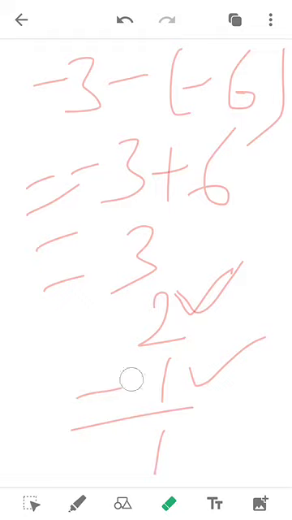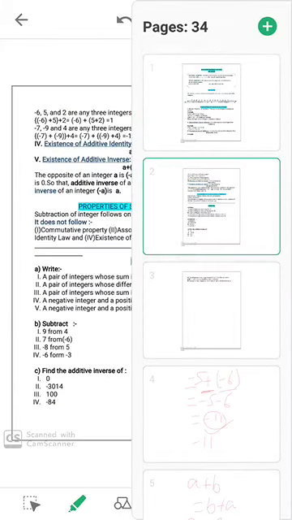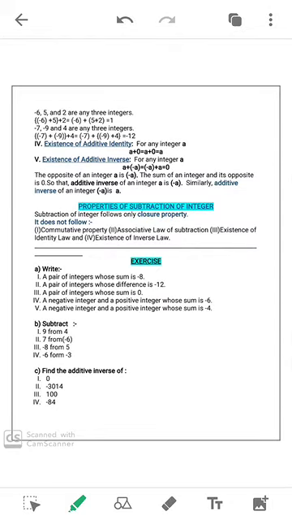Or if we subtract 1 from minus 2, then we get minus 3. Now we will go for another question.